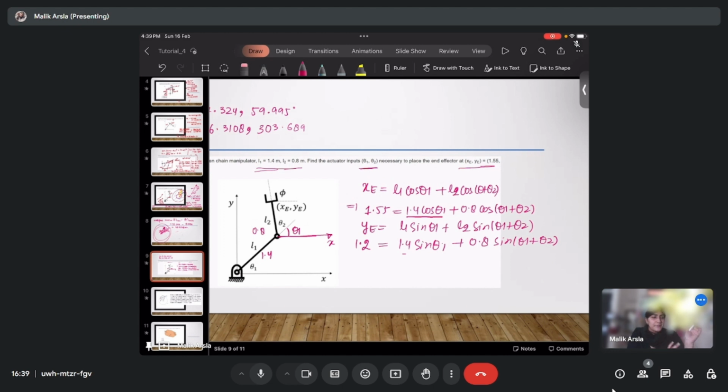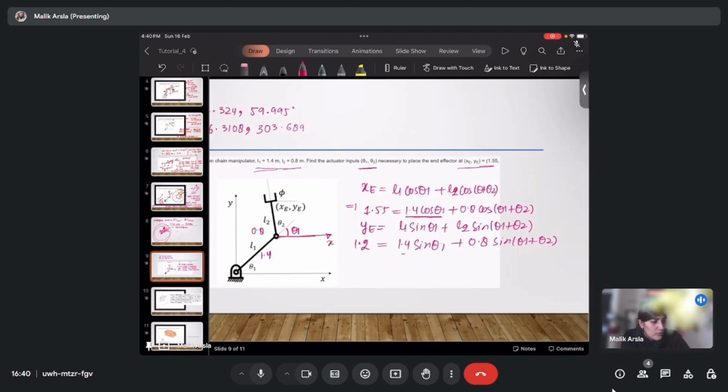Because theta 2 will be eliminated, you will get an equation in theta 1. You can solve it and get two values of theta 1, then substitute it and get two values of theta 2. You can do it that way also, but for me I think this question we can solve in a different way also.